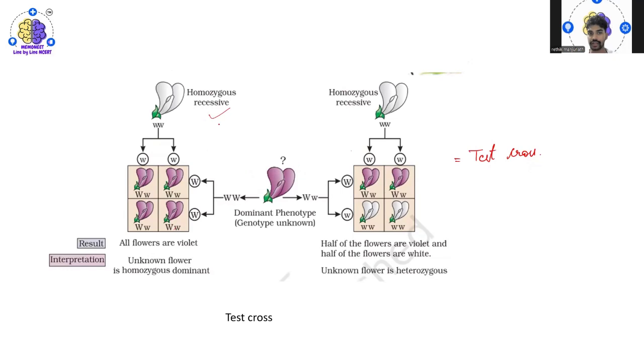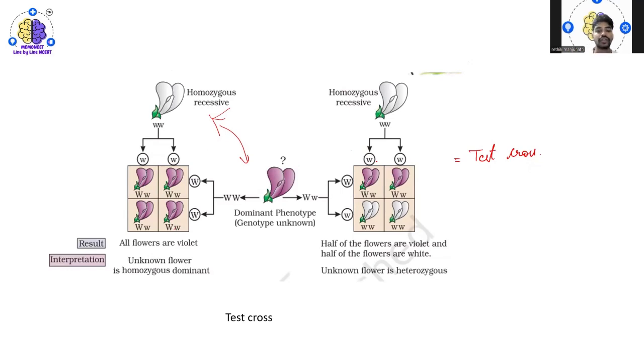When you cross the white with the purple, as a result in the F1 generation, all will be purple, because purple color is dominant here. But when selfing is done in the F2 generation, you will see the ratio: half of the flowers are violet and half of the flowers will be purple, like either a 1:2:1 ratio or a 1:1 ratio.